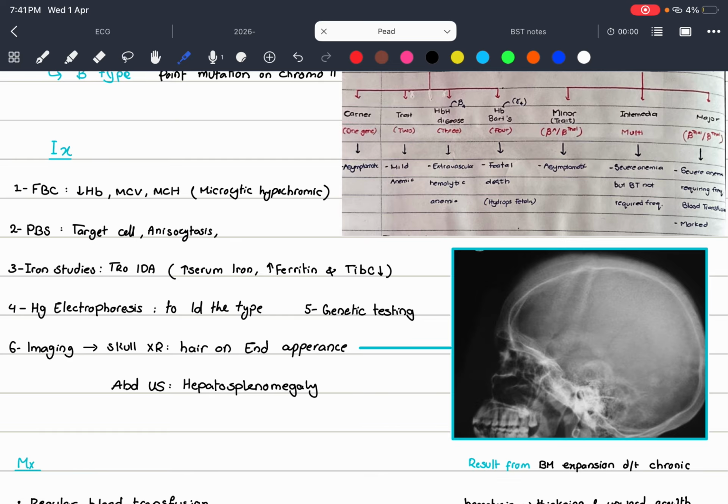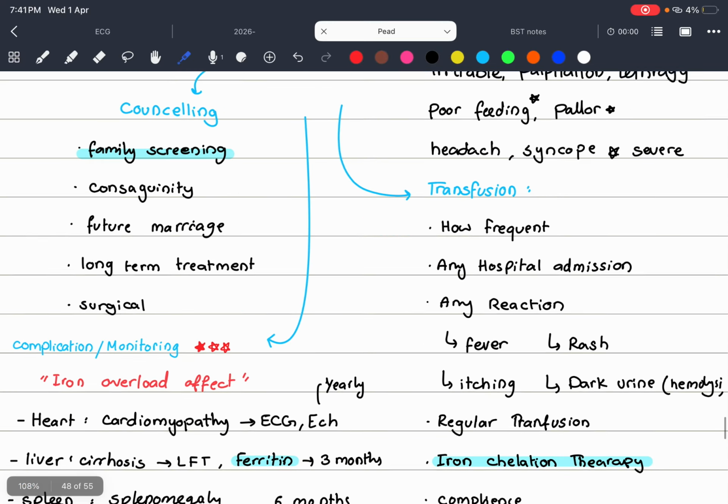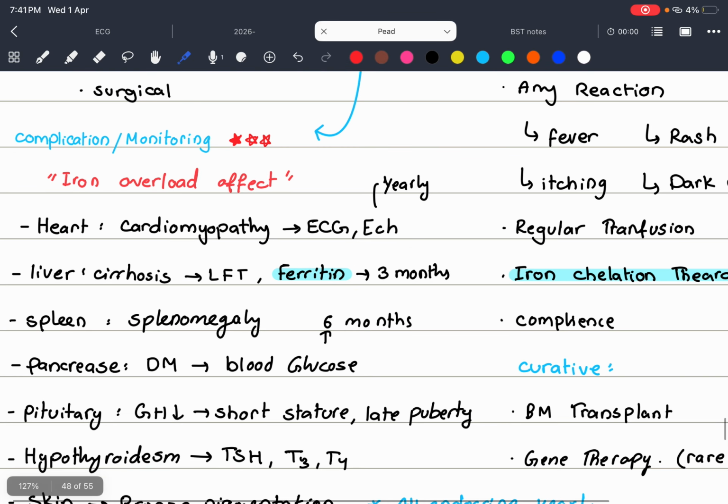There are things you have to look for regularly: complications in thalassemia. Always look at the patient's heart, because of iron overload from blood transfusion. This is the effect of iron overload. What organs get affected by iron overload?